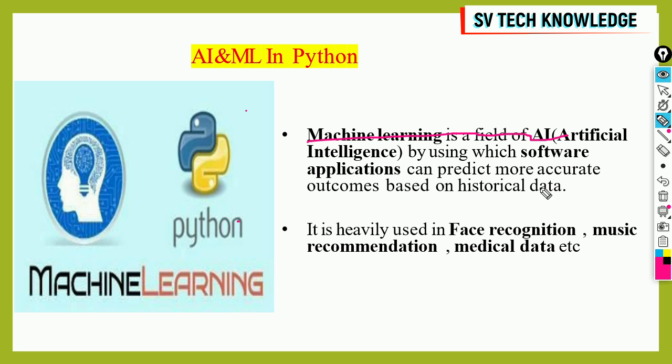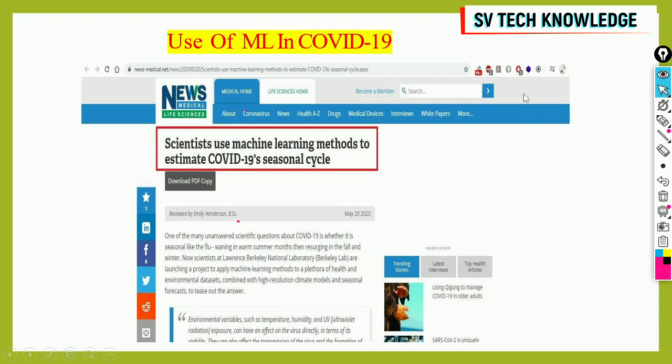In the AML field, machine learning is a field of artificial intelligence by using which software applications can predict more accurate outcomes based on historical data. It is heavily used in face recognition, music recommendation, medical data, etc. Here you can see machine learning methods to estimate the COVID-19 seasonal cycle.